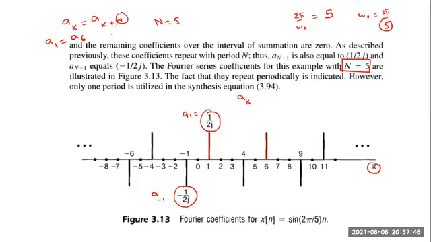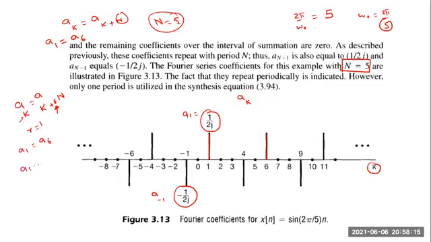So you can see that the general expression, if I further elaborate it, this can also be equal to ak plus r times N. So in the first case, I consider r equal to 1. So for r equal to 1, and then putting k equal to 1, you end up with a1 must be equal to a1 plus 5, so it's a6.